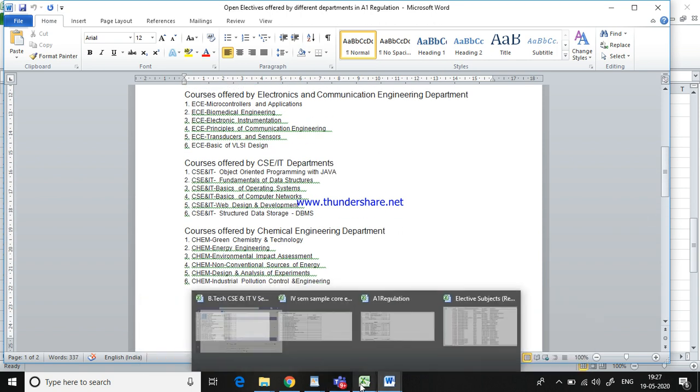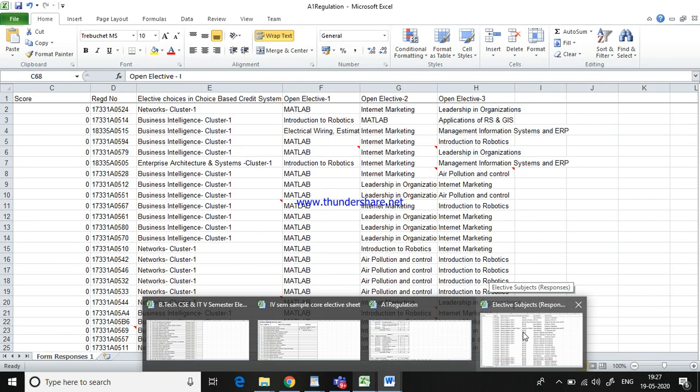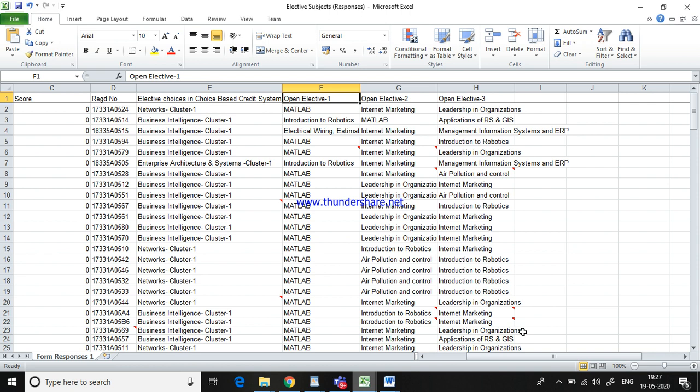Let me show you a sample sheet indicating which of the choices are in demand currently. You will have to choose 3 options for open electives.